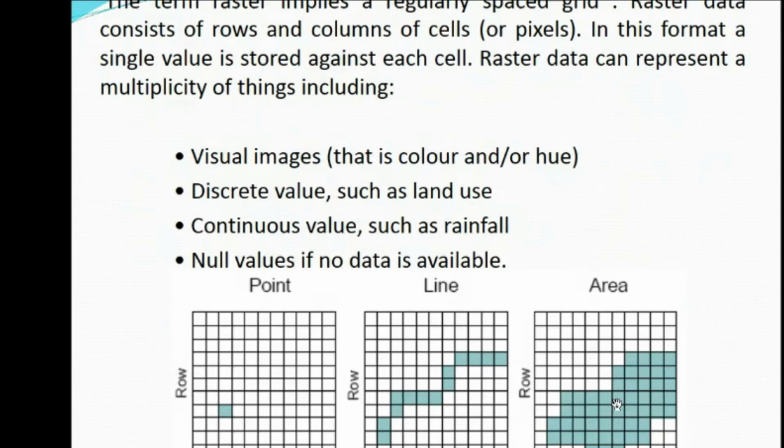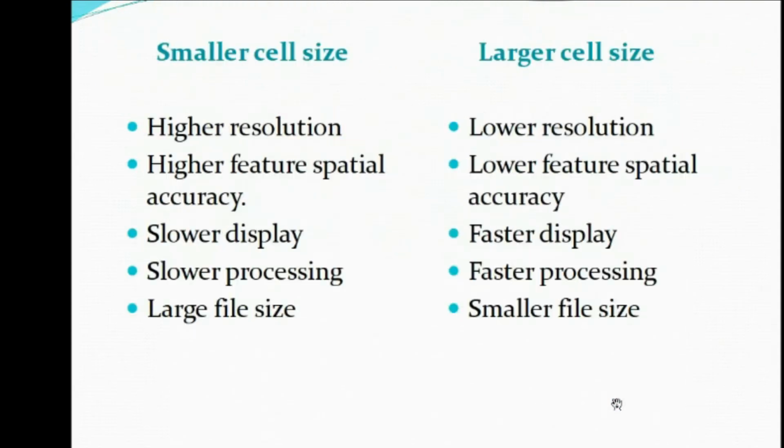There is also another thing to be learned based on the cell size. We know about resolution, so with respect to resolution, I will explain the cell size. All of us know that we select our Android phone cameras based on the megapixel capacity of the camera.